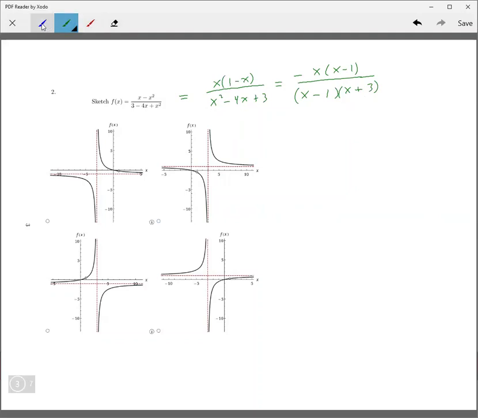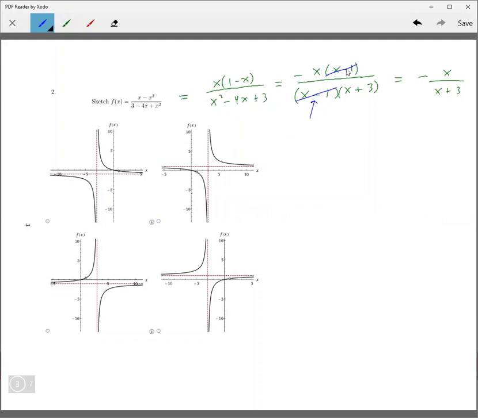Okay, now these are going to cancel, which would leave you with this. However, because this is in the denominator of the original function, I can't plug 1 into the original function.